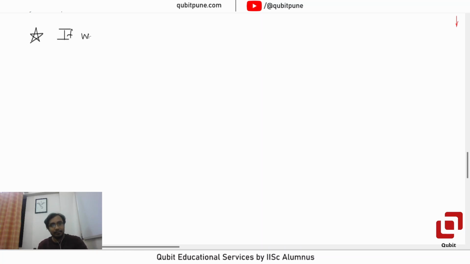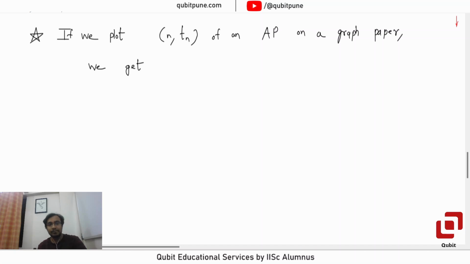If we plot n comma tn of an AP on a graph paper, what curve will we get? Will it be a curve or a line? It will be a straight line. We get a straight line.